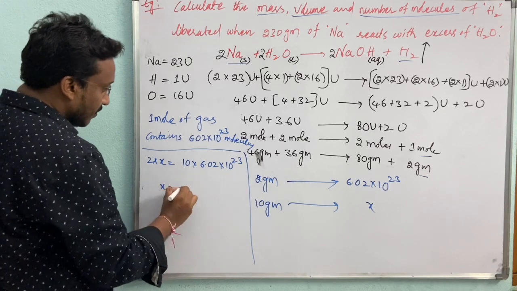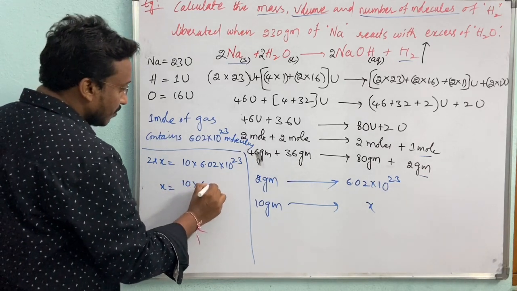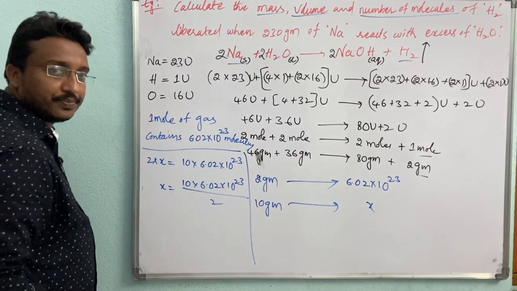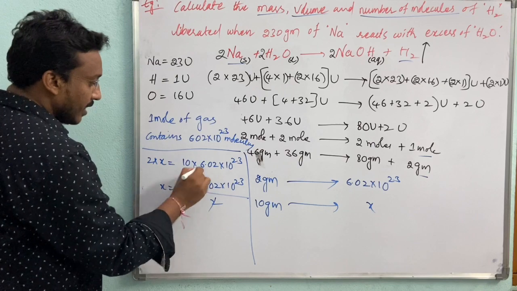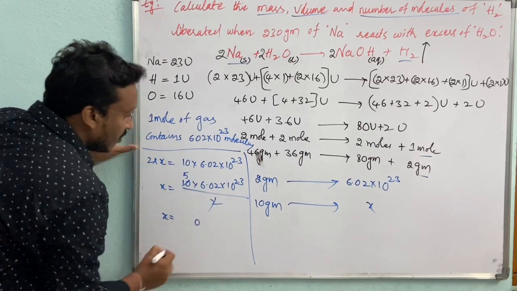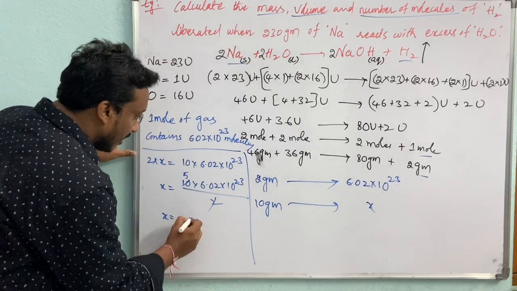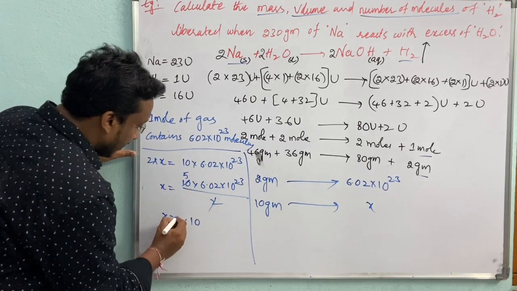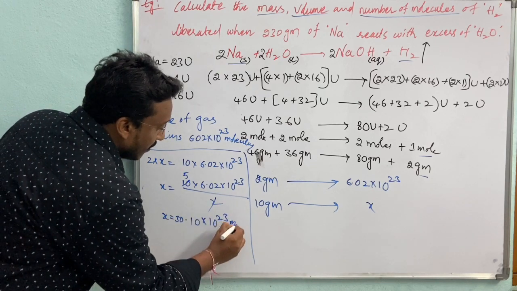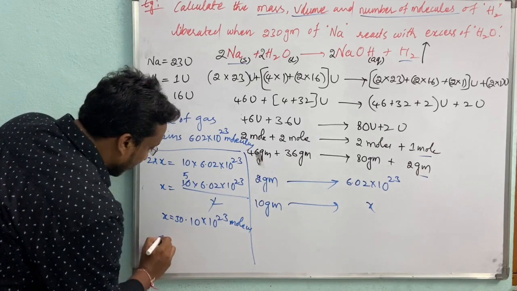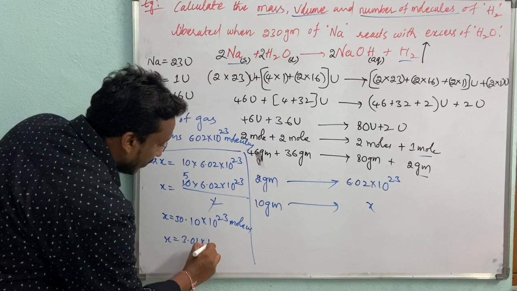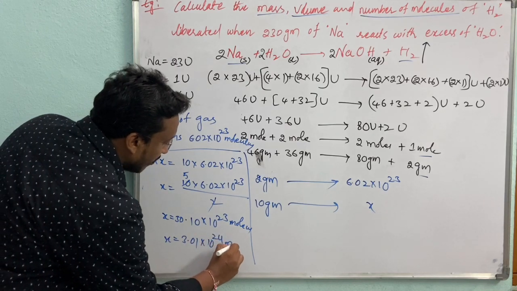Then x equals 10 into 6.02 into 10 to the power of 23 by 2. 2 5s are 10, so x equals 5 into 6.02, which is 30.1 into 10 to the power of 23 molecules, or otherwise x equals 3.01 into 10 to the power of 24 molecules.